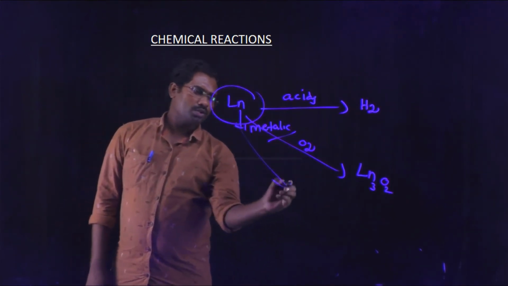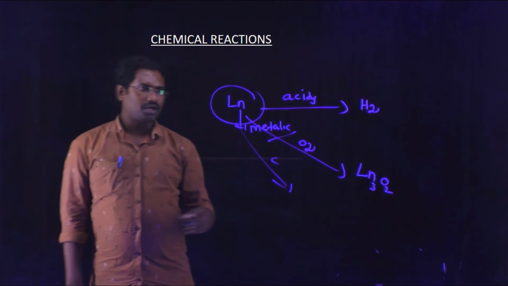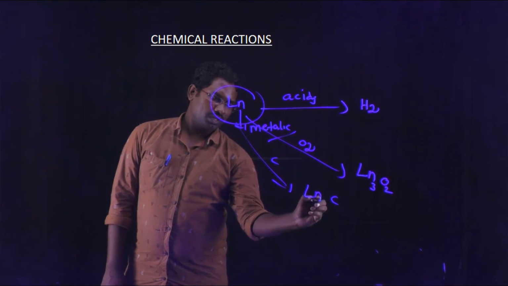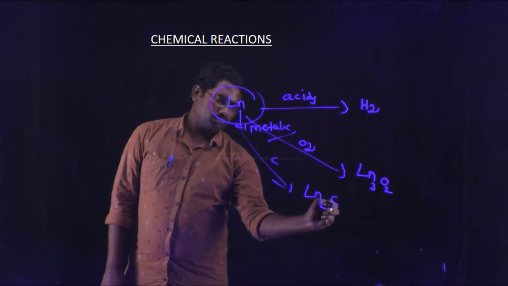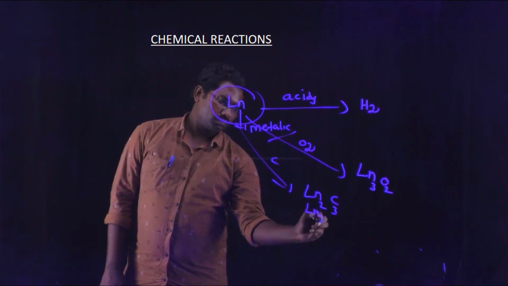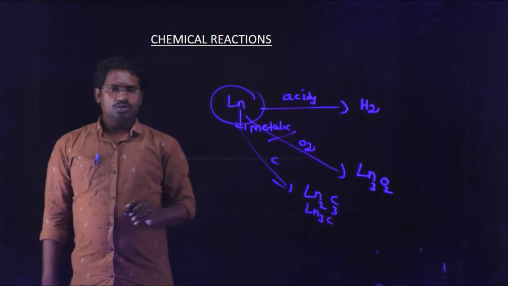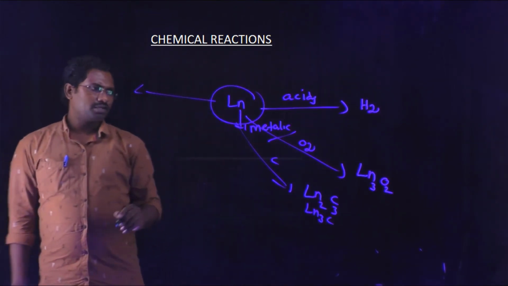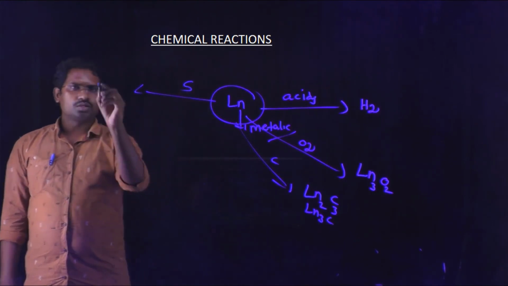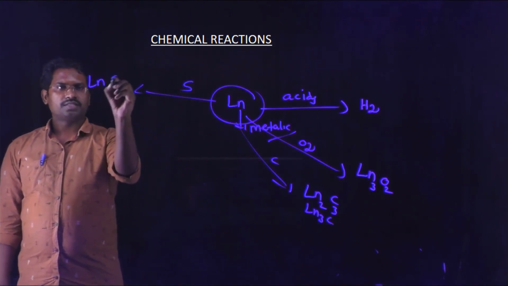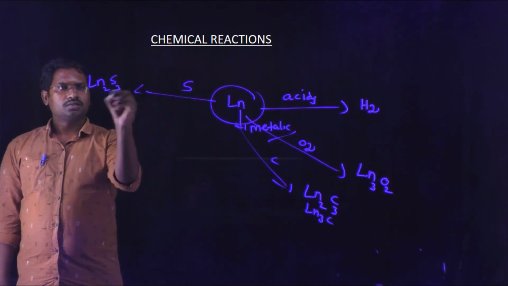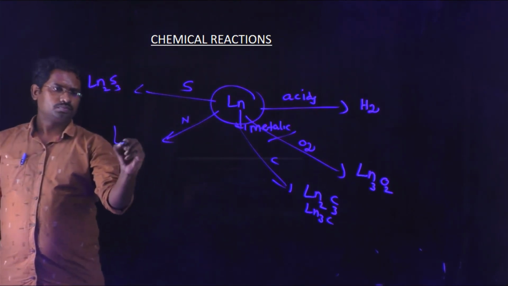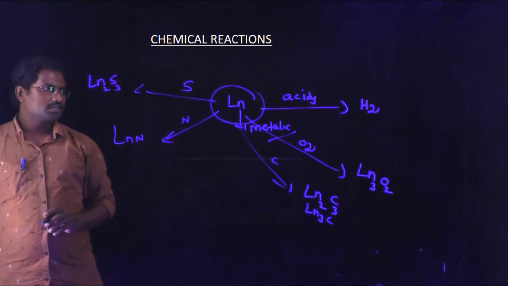These lanthanides can also react with carbon to form their corresponding carbides. Similarly, lanthanides react with sulfur, forming their respective sulfides, and also react with nitrogen to form corresponding nitrides.